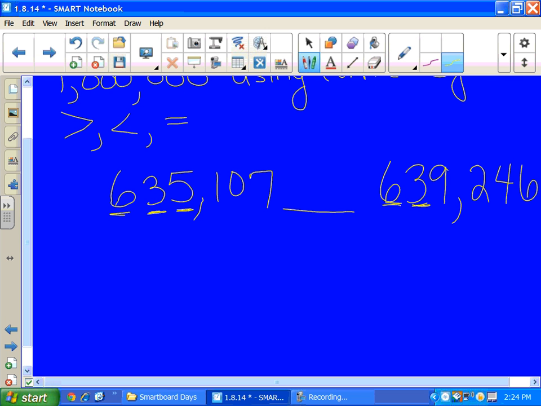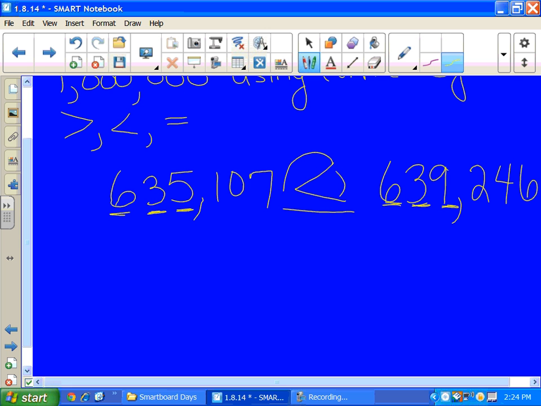Here we go to the thousands. 635,000 has 5,000 in it, but this number has 9,000s. So therefore, 639,000 is more than 635,000. So we would read this 635,107 is less than 639,246. As we talked about in class, we know that the big opening goes to the bigger number.